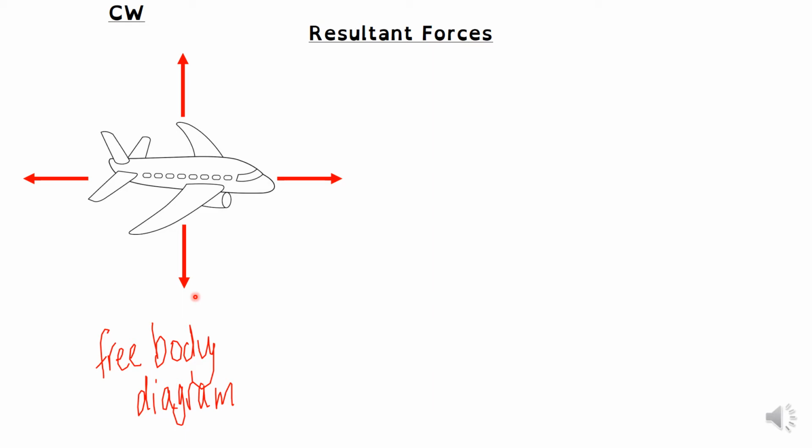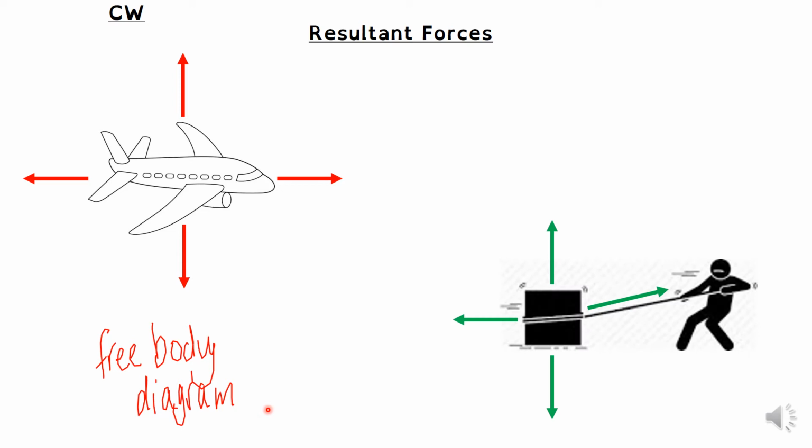So to start off with, what I'd like you to do is to draw that plane, or just write the word plane, add the 4 arrows, and see if you are able to draw or write what the name of the force is that goes around each of those arrows.